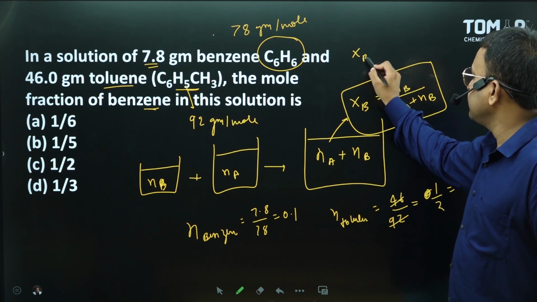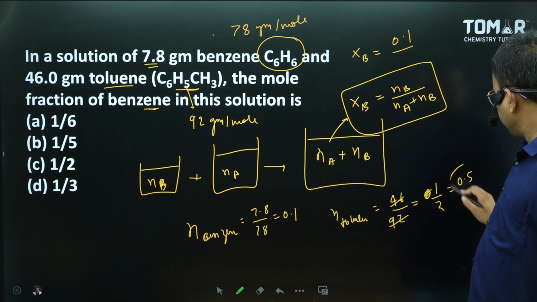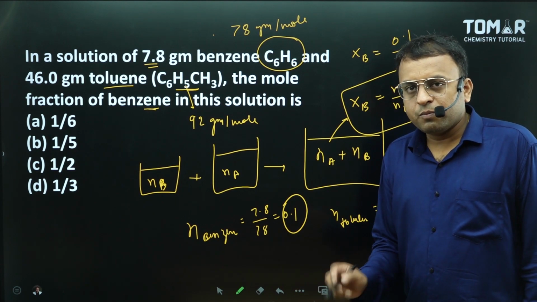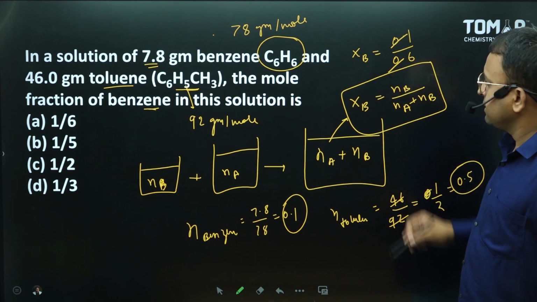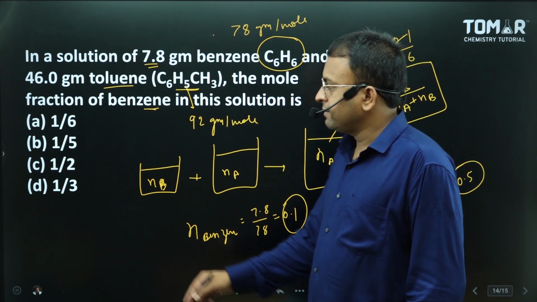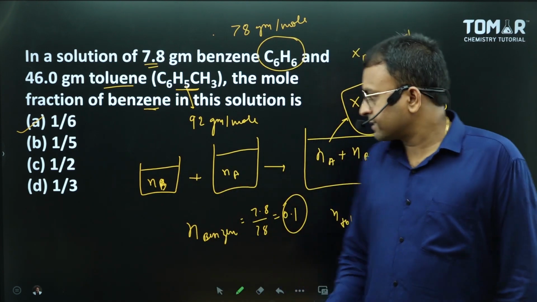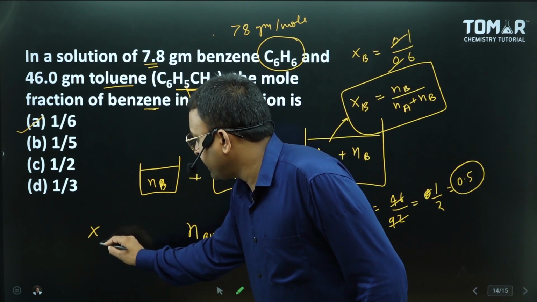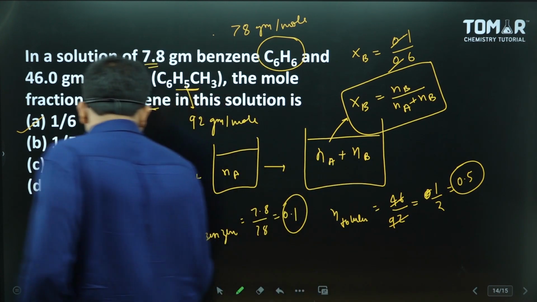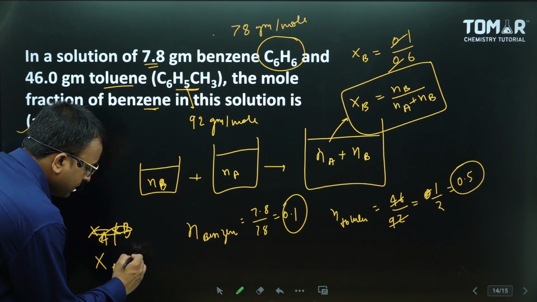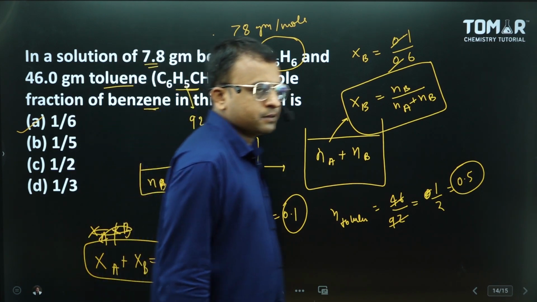Now the mole fraction of benzene will be moles of benzene 0.1 over total moles of both, 0.5 plus 0.1, that becomes 0.6. Mole fraction of benzene is 1 by 6. The mole fraction of toluene will be 5 by 6 because mole fraction of A plus mole fraction of B is equal to 1.